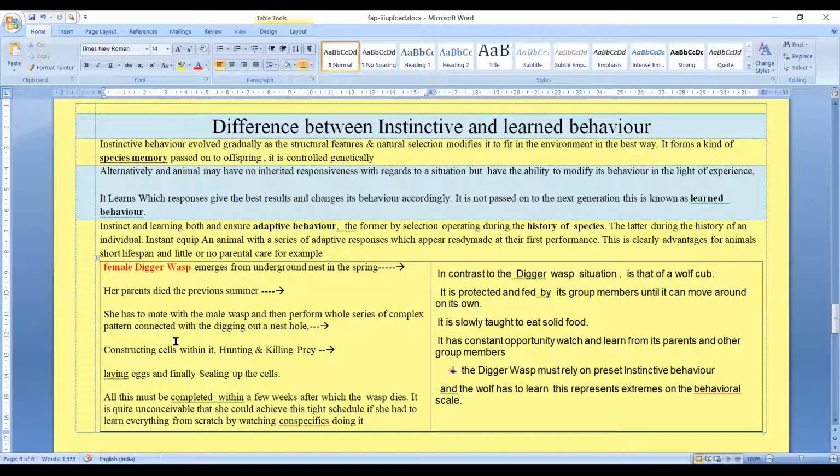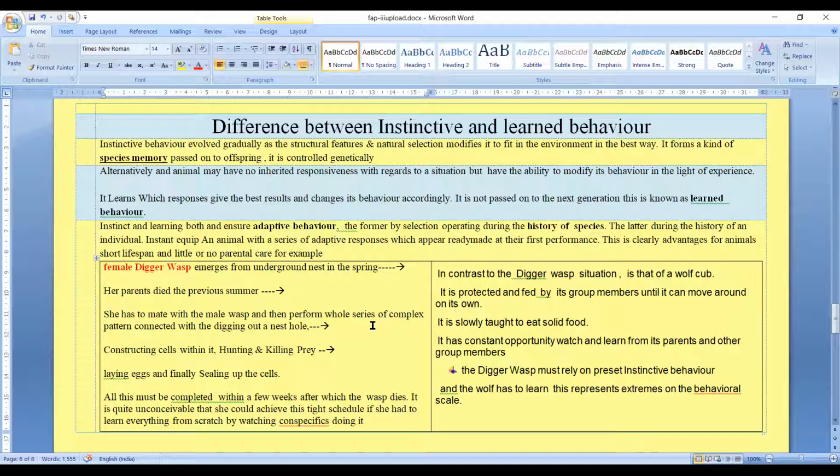Now she has to mate with the male wasp and then perform a whole series of complex patterns connected with the digging out of a nest hole. Then, after digging out the nest hole, she has to construct the cells within it.